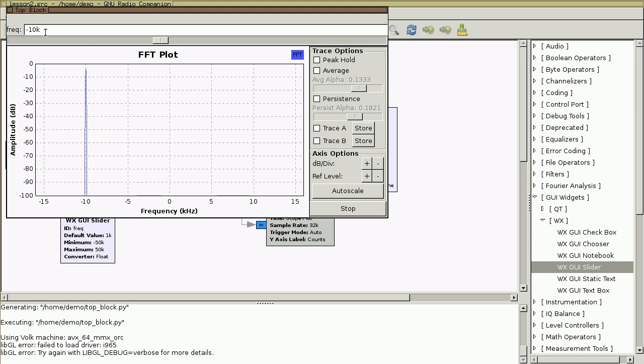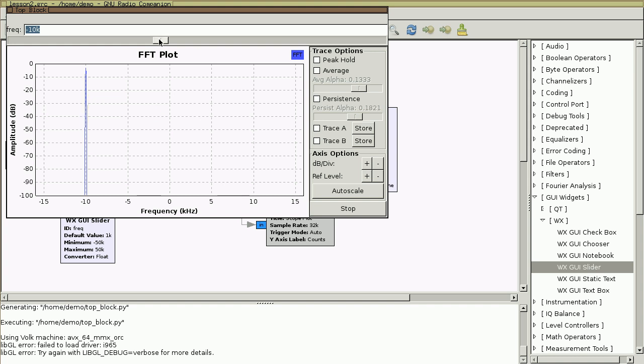Sure enough, if I configure my signal source to give me a cosine wave of negative 10 kilohertz, then I get an output from the signal source that, when analyzed by the FFT plot, actually shows up as negative 10 kilohertz.